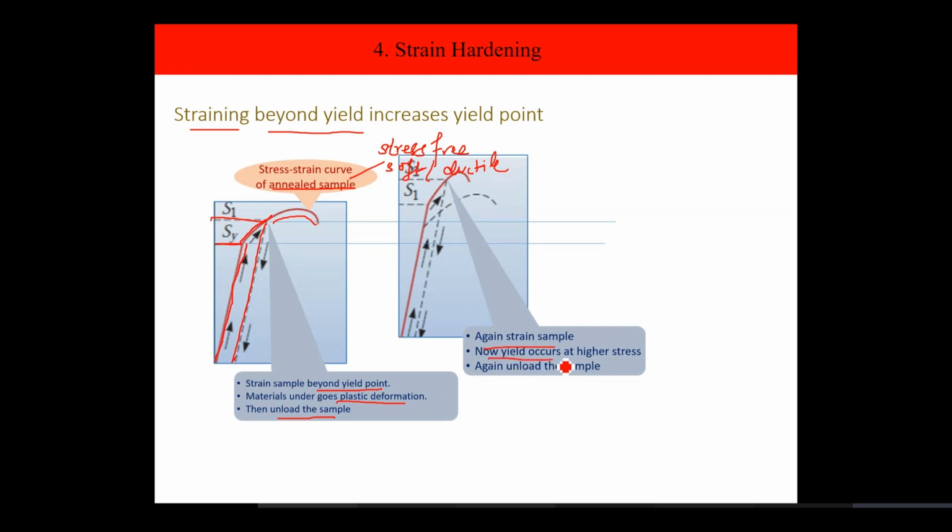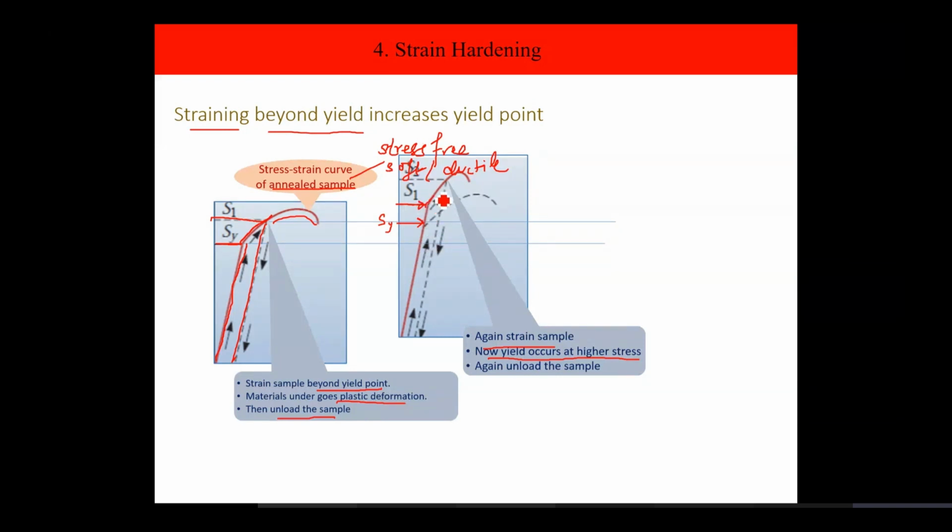Now you would notice that the yield would occur at a higher stress. So if the yield was occurring at, let's say, this point initially, now the yield is occurring at a different location at a higher stress.